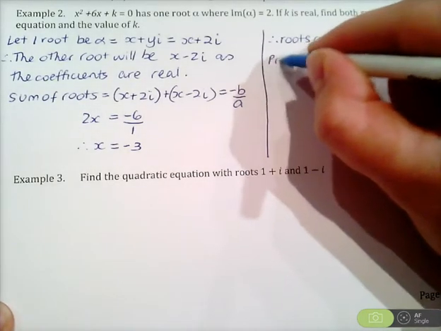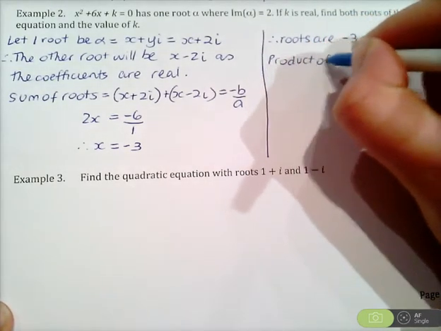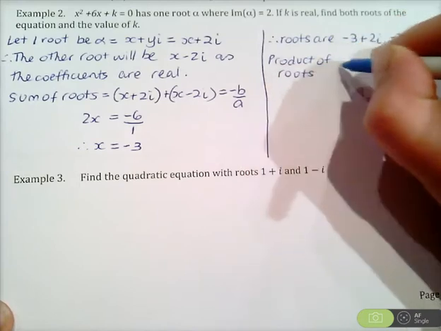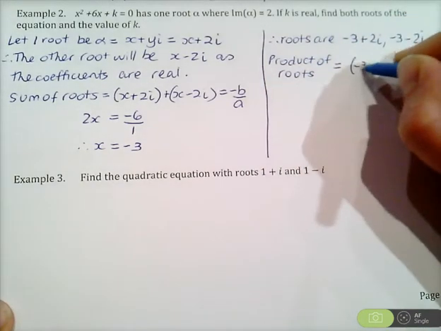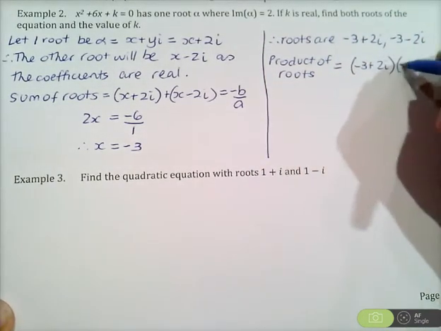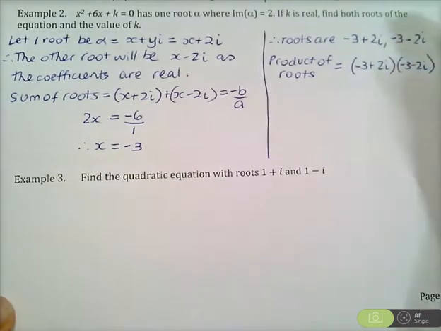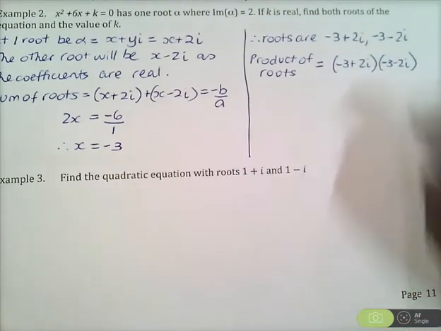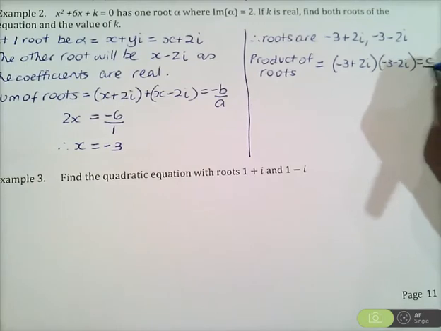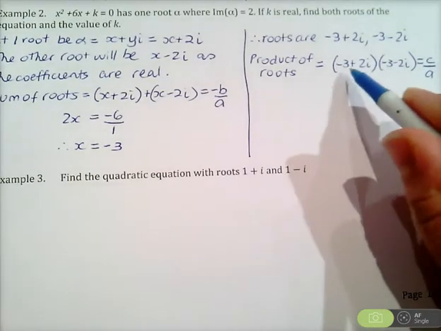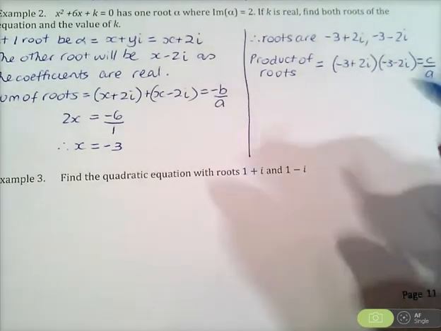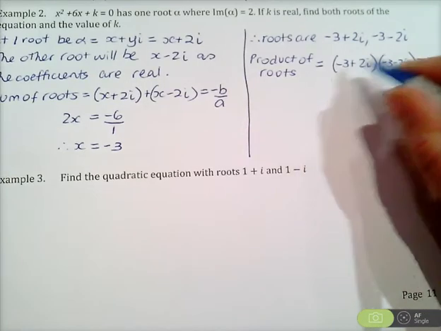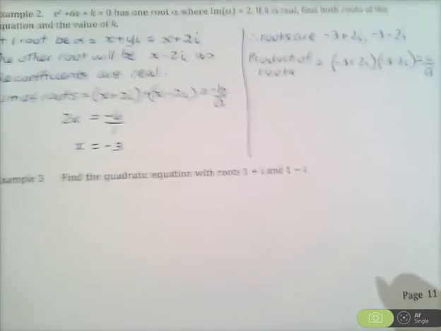So now I can do product of roots. The product of roots is negative 3 plus 2i times negative 3 minus 2i, and we know that product of roots for a quadratic is c on a. Now this is a difference of two squares because it's in the format of a plus b, a minus b.